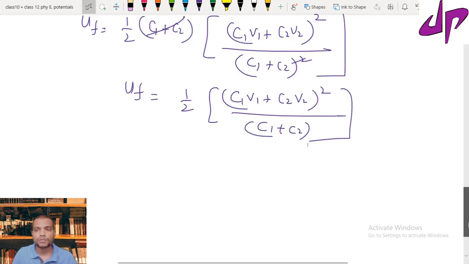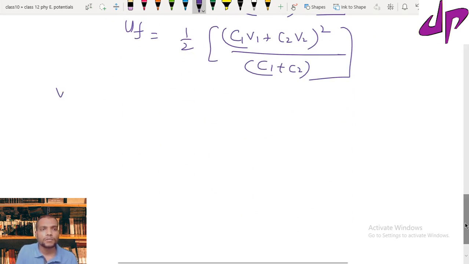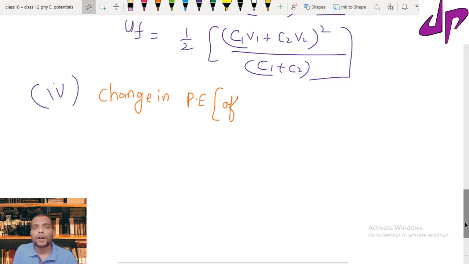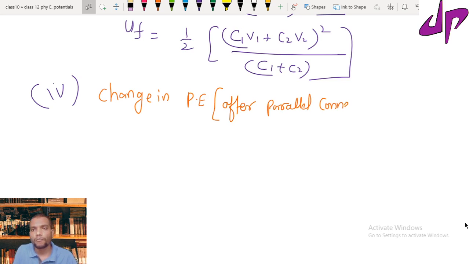Now this is the third question. Now the fourth one, change in potential energy after parallel connection compared to before.